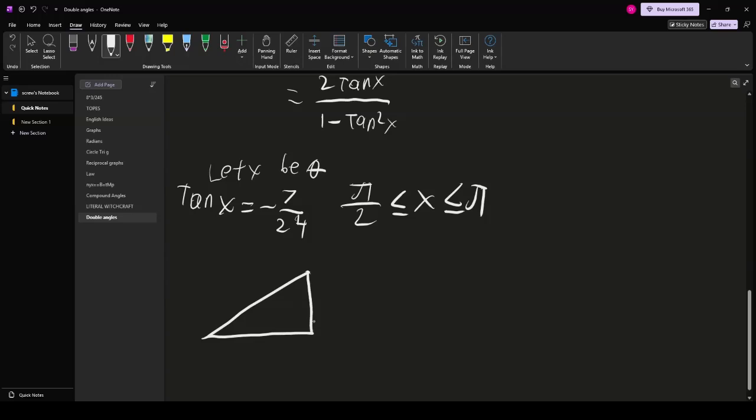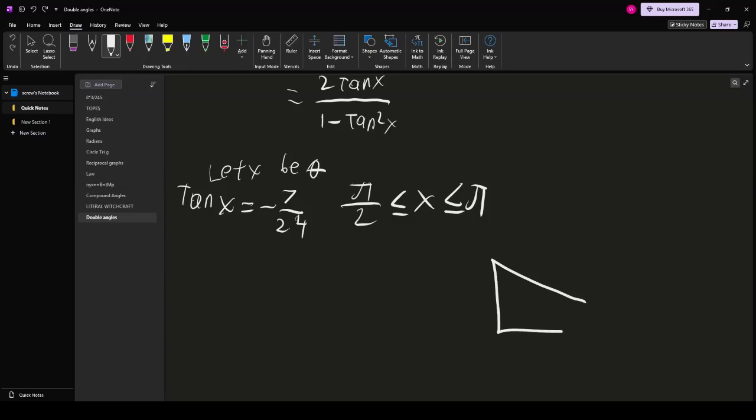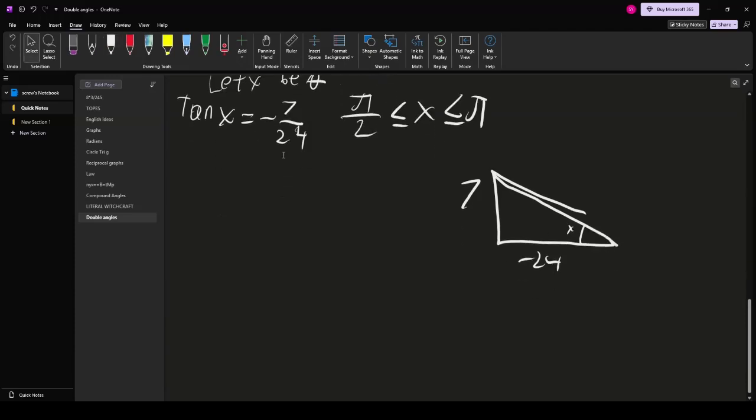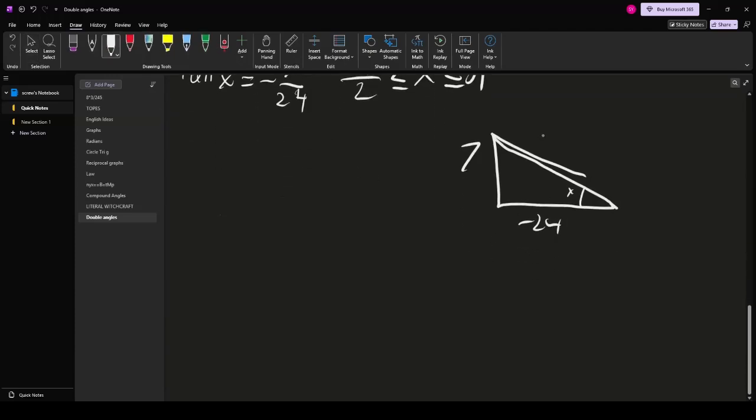So what we're going to do is draw a triangle, with sides 7 and -24. We find the hypotenuse, really easy. C equals the square root of 7 squared plus 24 squared, which is 49 plus 24 squared.